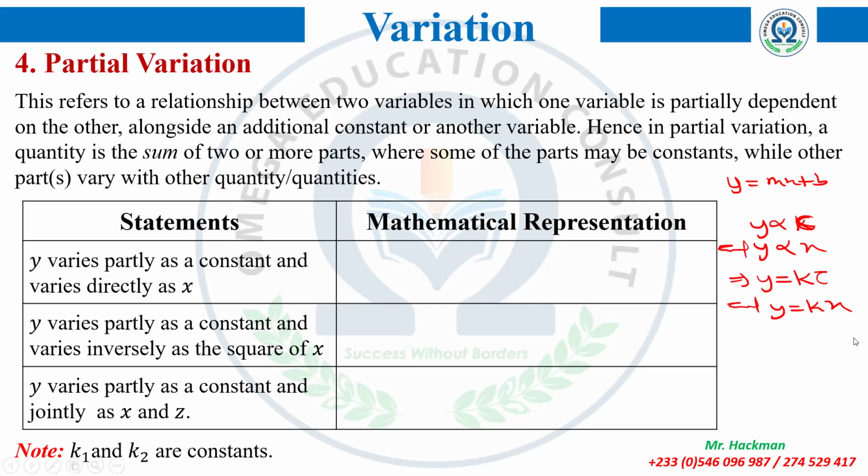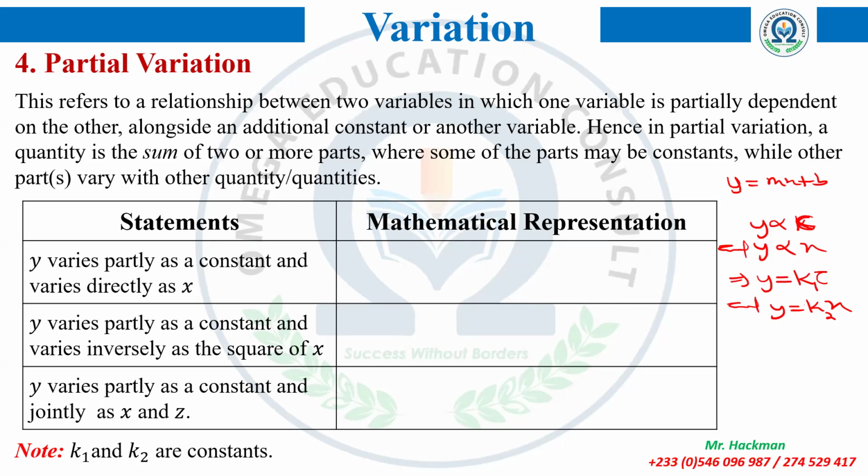Take note of this, just as I did for the joints. These two cases are constants of variation, but they will differ. They will not always be the same. So because of that, I'm going to distinguish between them. I will call this k sub 1 and k sub 2.